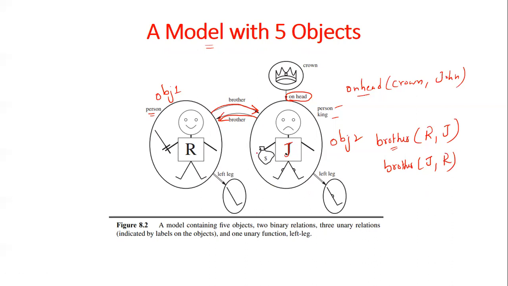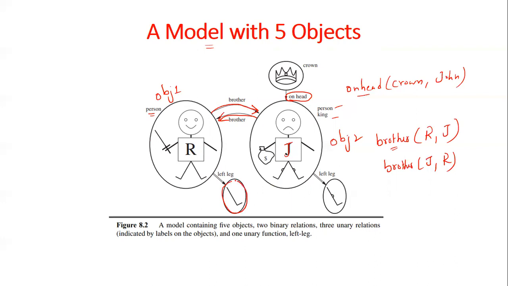Apart from this, we want to specify that every person will have a left leg. This does not make much sense, but we just want to add more objects, so we specify that every person has a left leg. As every person will have a left leg, Richard will have a left leg.